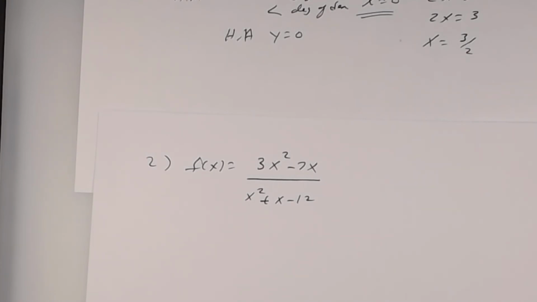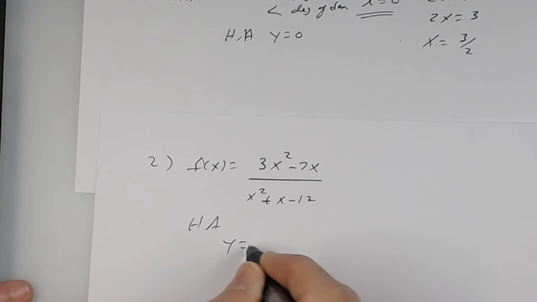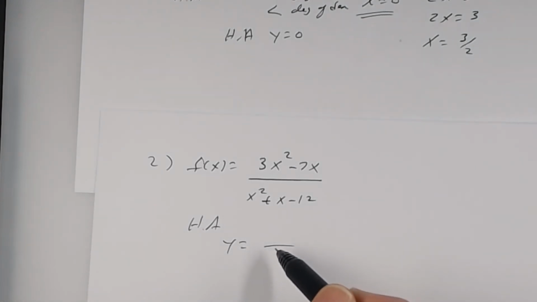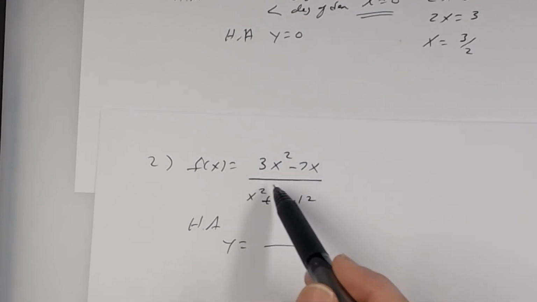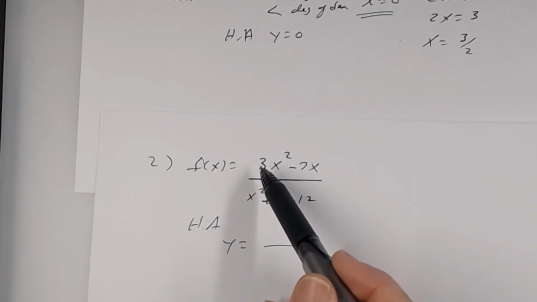Because what do you notice about the degrees of the numerator and the denominator? They're the same. They're both 2. So to find the horizontal asymptote, it's just the quotient of the leading coefficients. What's the leading coefficient in the numerator? Is it because it's listed first?